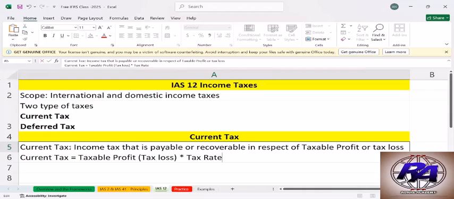Now, we said when we talk about current tax, we are saying that it's the income tax payable. So let's underline the word payable. Let's first talk about what is payable over here. In accounting, anytime we say payable, that means it's not yet paid. It's something we are owing, which we will pay for in the future.